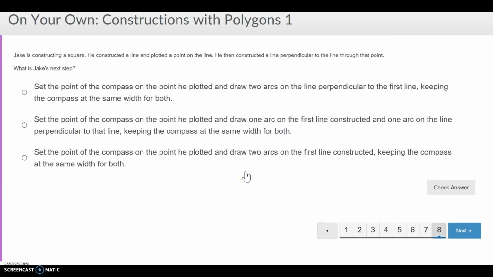Jake is constructing a square. He constructed a line and plotted a point on that line. He then constructed a line perpendicular through that point.